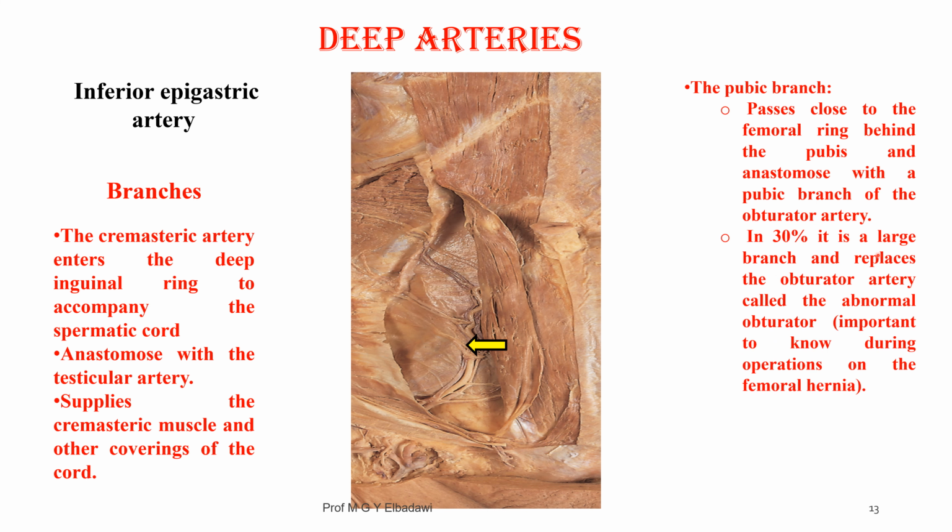In 30%, this branch becomes large and replaces the obturator artery, which is called the abnormal obturator artery, which is important to know during operations on the hernia or on the pelvis itself, the bones of the pelvis. Muscular and cutaneous branches go to the muscles and the skin of the anterior abdominal wall. These are the branches of the inferior epigastric artery.